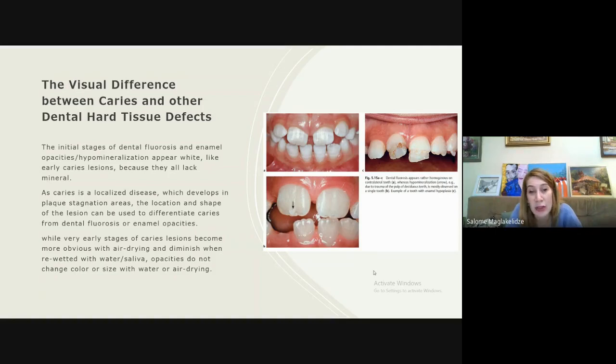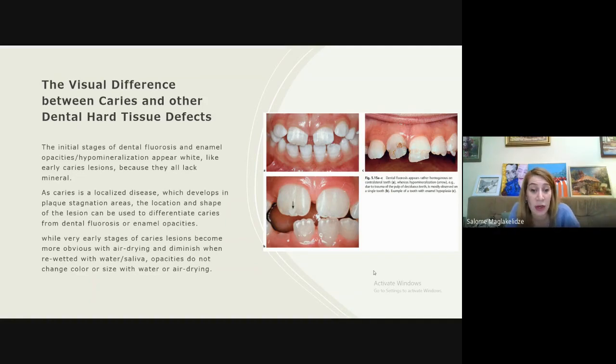Also, you could see that they differ in shape and localization. In shape, sometimes the caries more or less extends under the biofilm and spreads under the biofilm. For fluorosis or for the opacities, you could observe that their shape is not so defined like here.